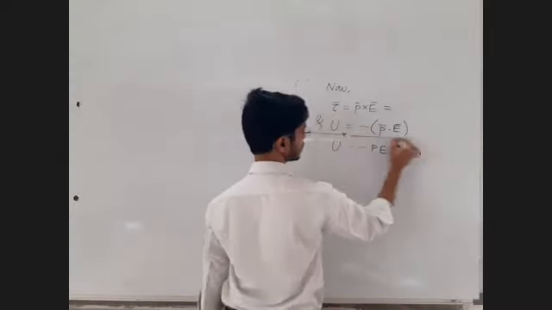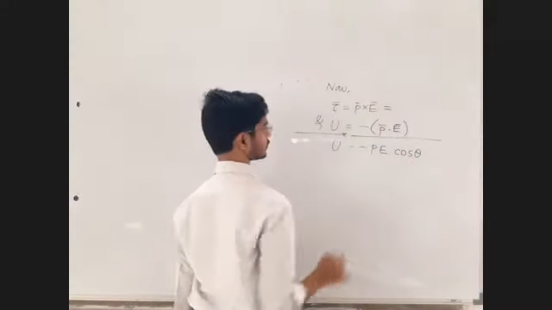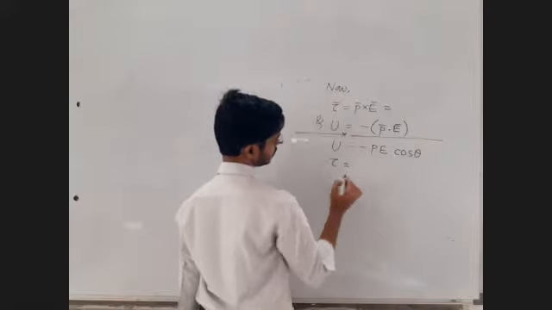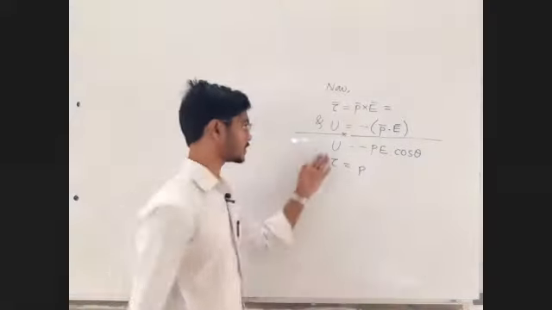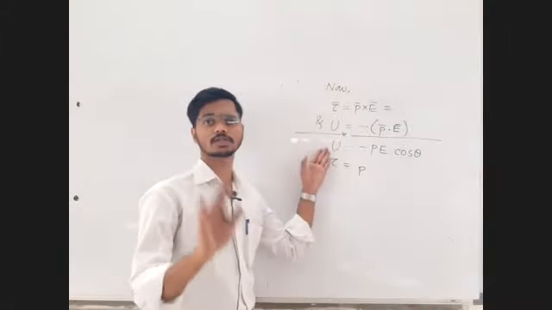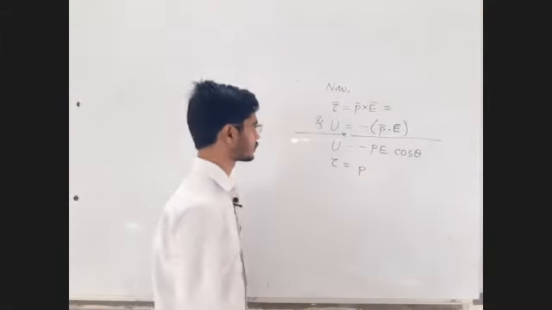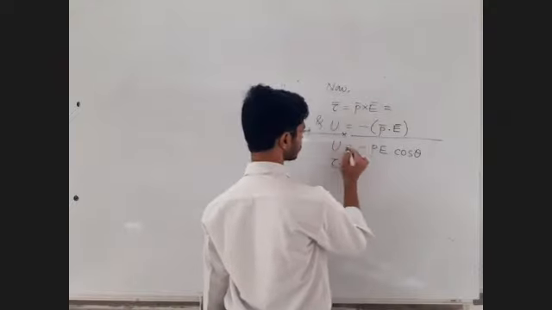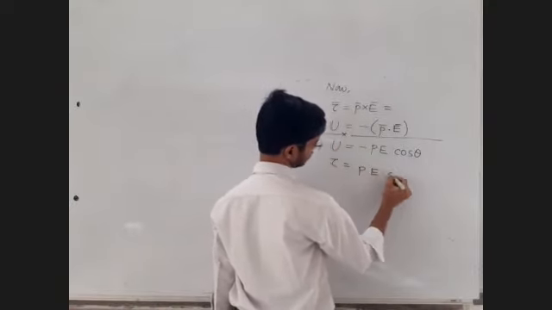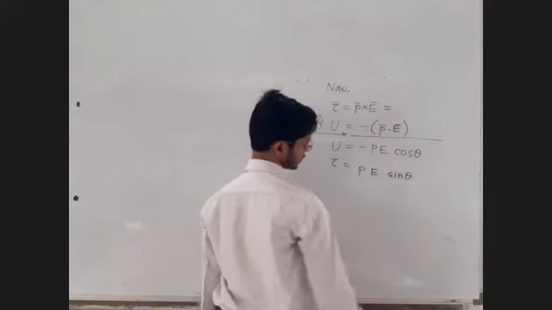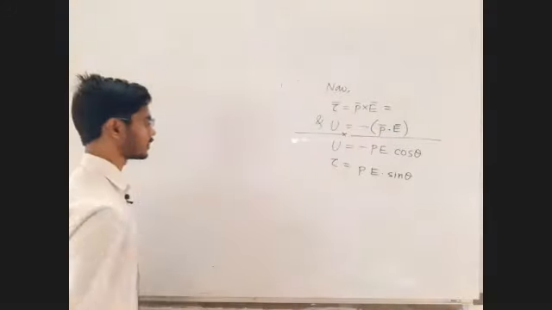Let me write once again the potential energy for a given angle theta, and the value of torque for a given angle theta. Of course, potential energy is a scalar value, but it can be positive, negative, or zero. Torque is the magnitude of the first vector into the magnitude of the second vector into sine of the angle between the two vectors. All right. So let's make a chart now.